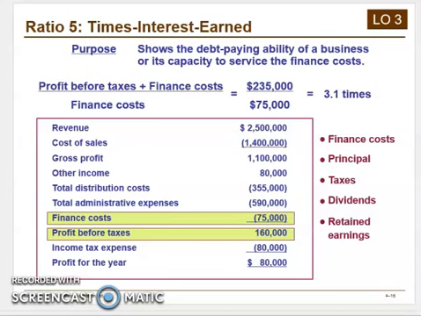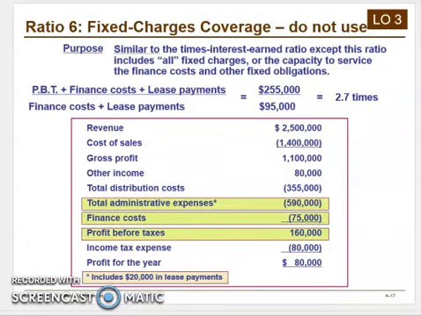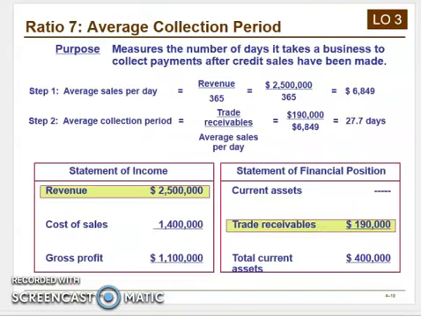Okay, we'll come down here and we're going to skip fixed charges coverage. As you can see here, do not use. We're not going to use that one. But we are going to look at our average collection period. That means the number of days it takes for the business to collect payments from all of their accounts receivable.